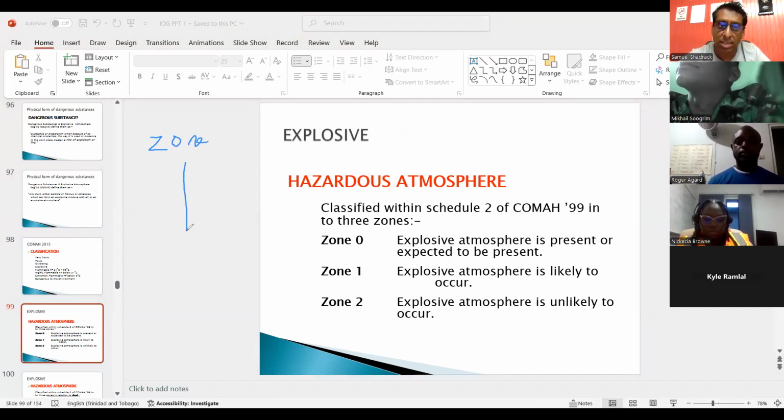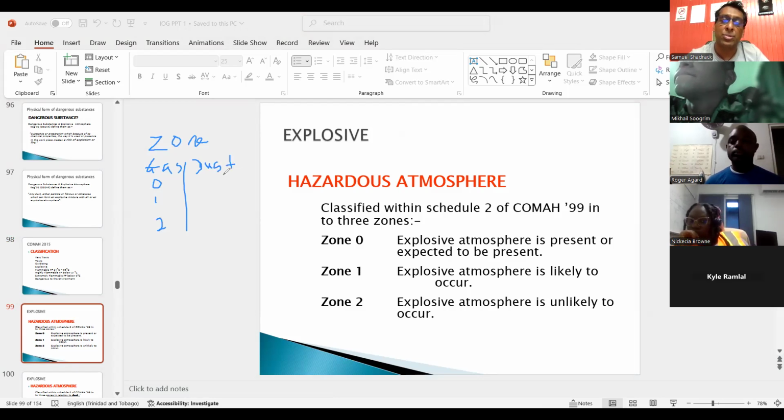For gases, COMAH says the employer needs to zone the area into three zones: zone 0, 1, and 2. And if it is a dusty environment, like a flour mill, you need to zone the atmosphere as zones 20, 21, and 22, right?